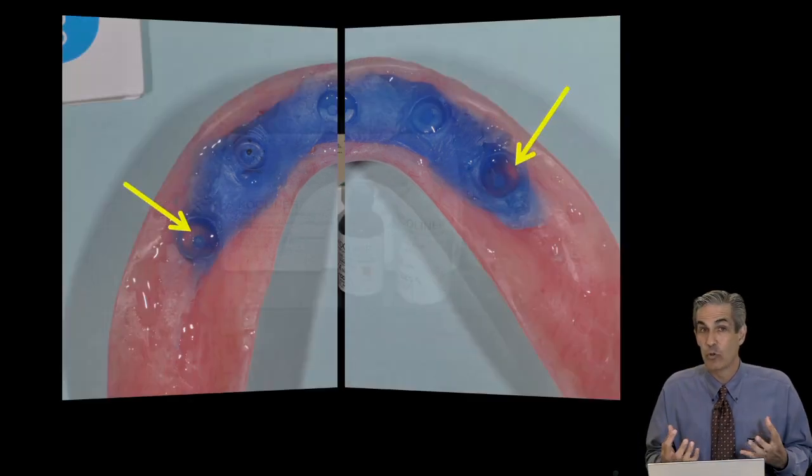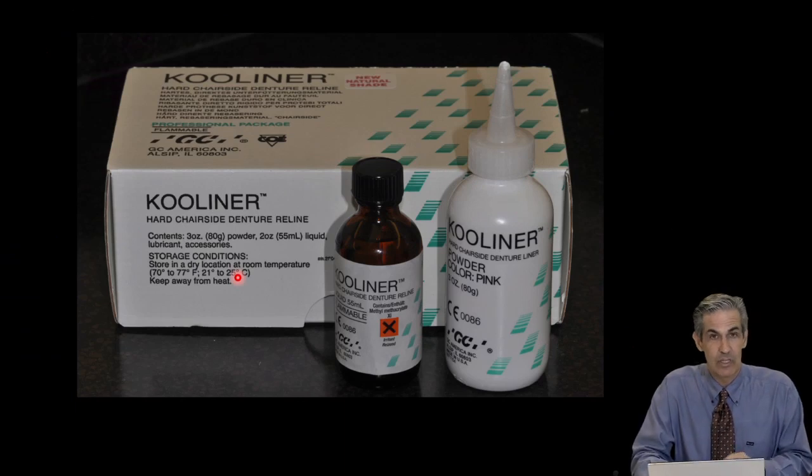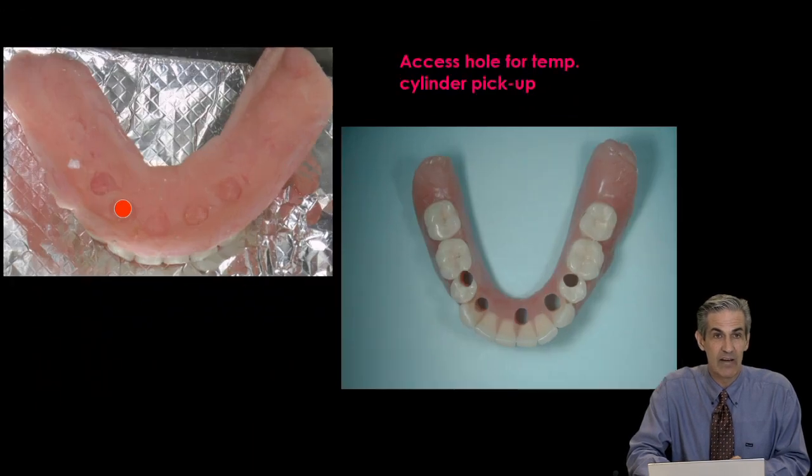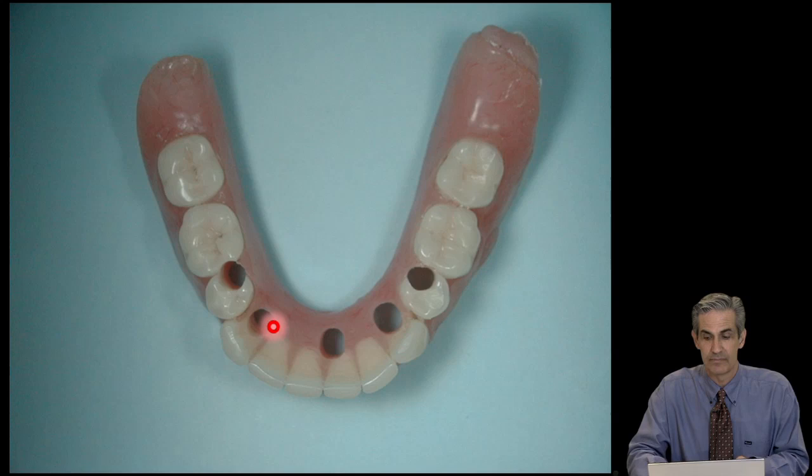We like to use cool liner, which can be used intraorally. We do that so the denture is well positioned in the mouth. And we also then identify exactly where all the healing abutments are. Once we see that, we can drill through the denture so we have an access hole to each of the implants.